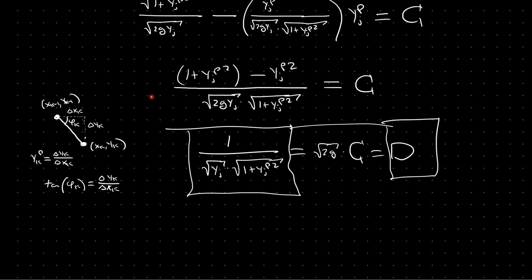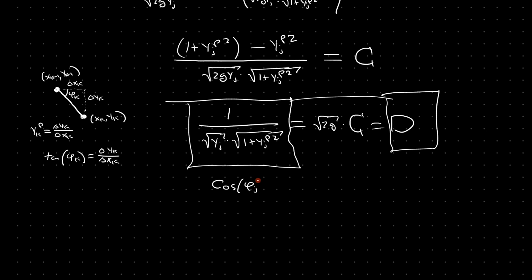So another way of rewriting this equation would just say that the cosine of this angle phi k, or phi j, over the square root of yj has to be this constant d.